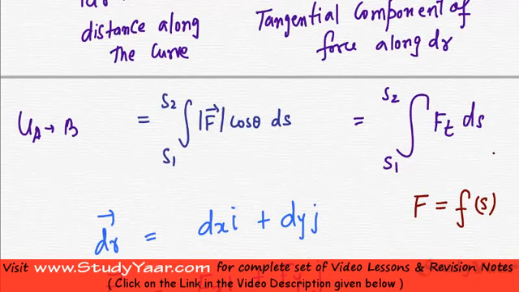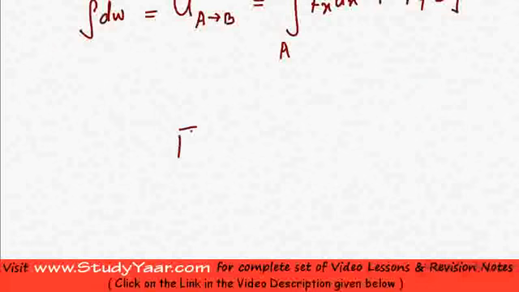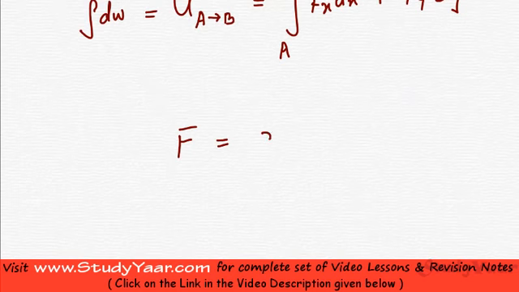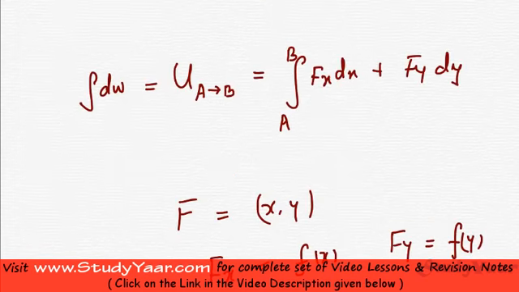However, if I have an F which is a function of x comma y, so I have an Fx which is a function of x, and an Fy which is a function of y, then I would have to use this particular expression.